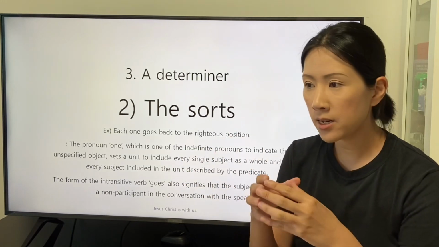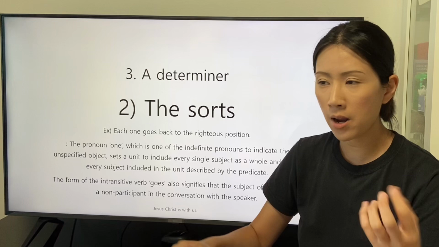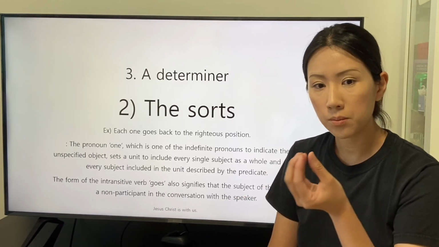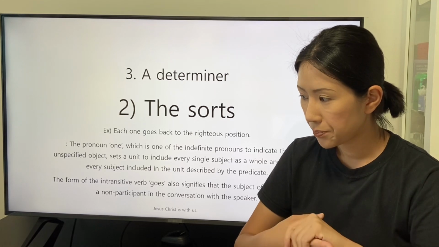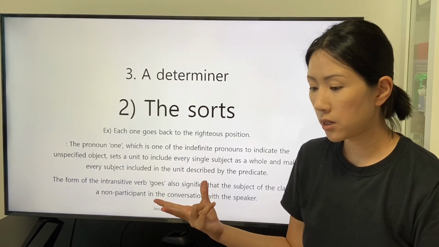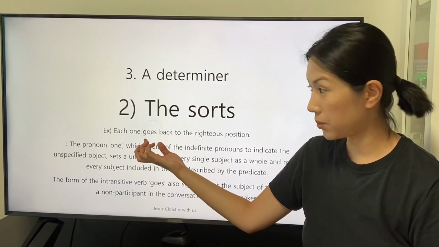The subject indicated by the indefinite pronoun one is commonly described by the intransitive verb goes.